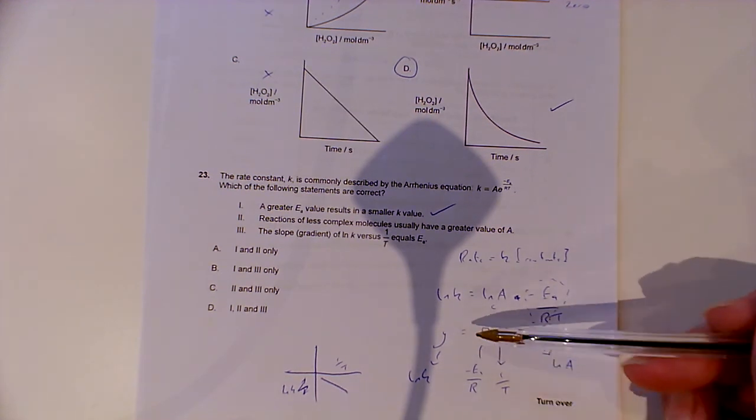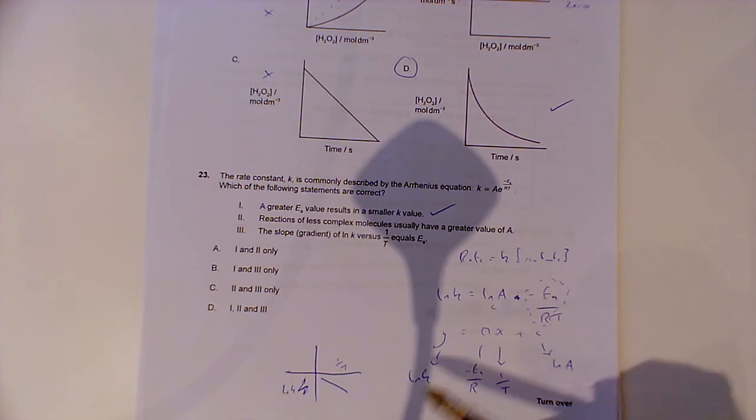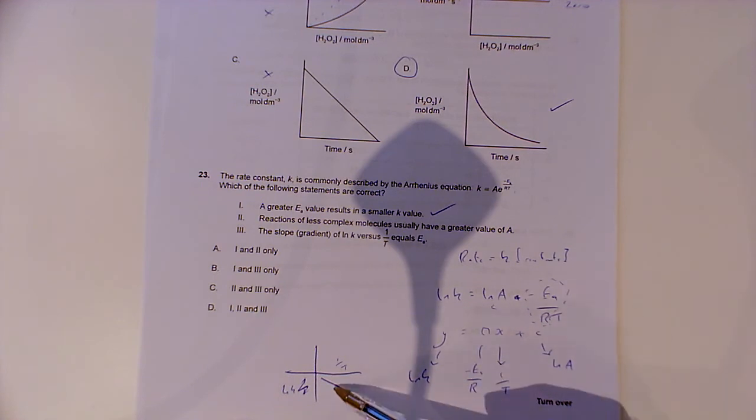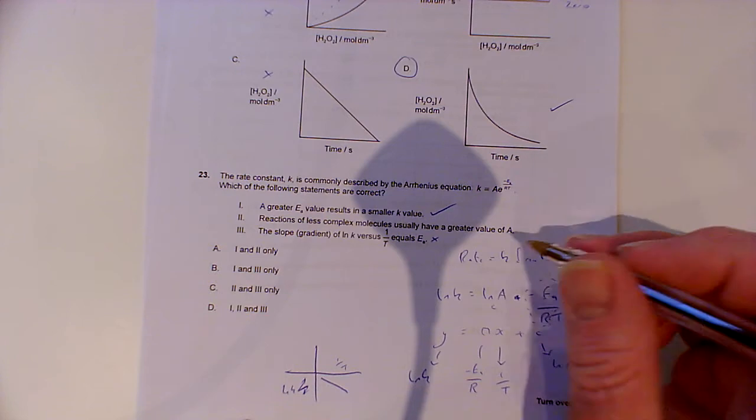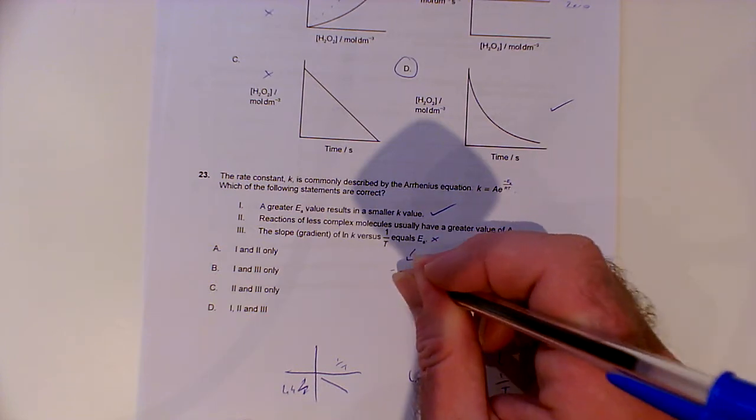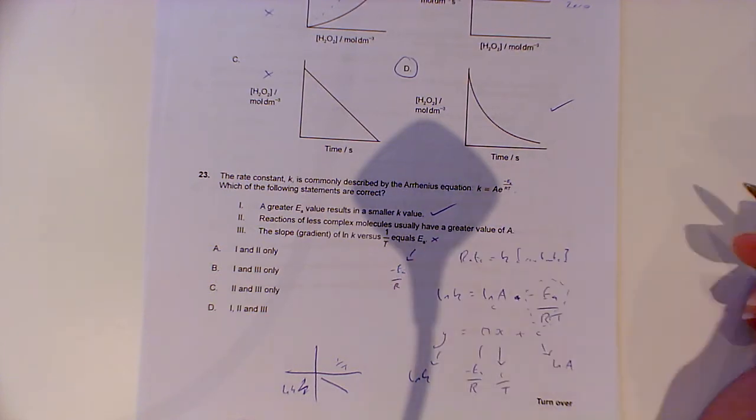Activation energy though is always endothermic, a positive value. So the minus cancels out the negative gradient. What we'd have to do is find the gradient, make it positive, and then multiply by the gas constant R, which I think is 8.31 off the top of my head. So I disagree with that. It's actually equal to minus EA over R. So I don't agree with that one.